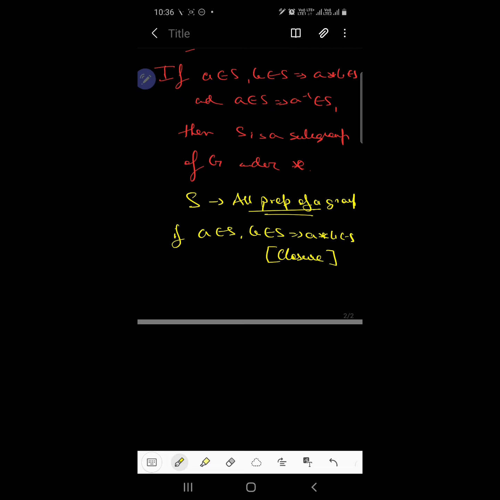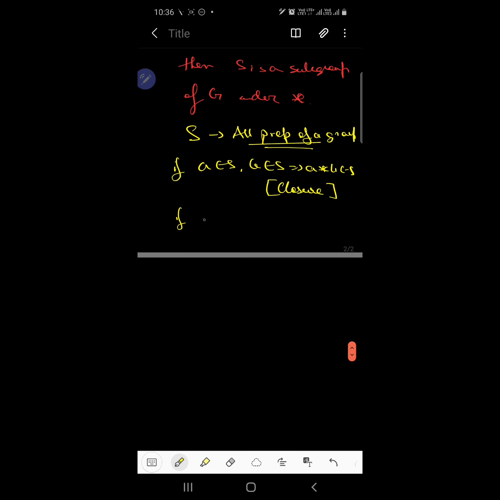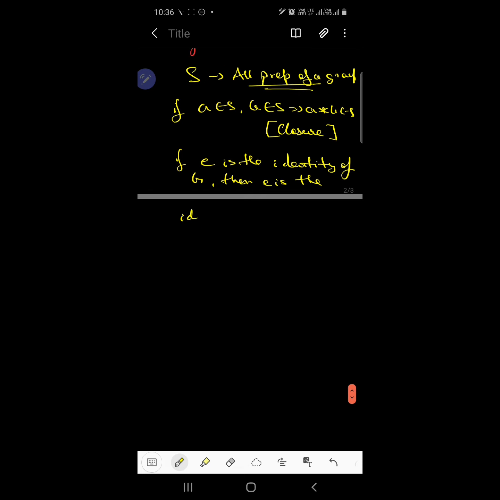Now one more thing we have previously known: that if E is the identity of G, then E is the identity of S, where S is the subgroup of G under the same binary operation.